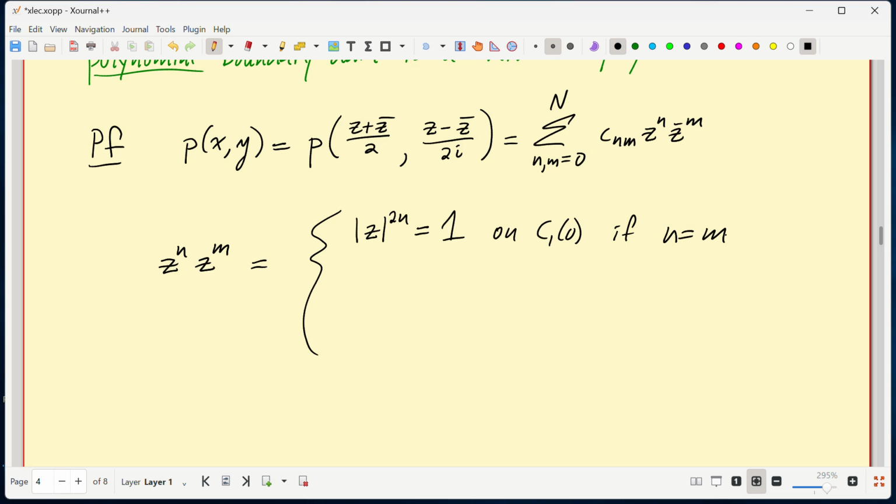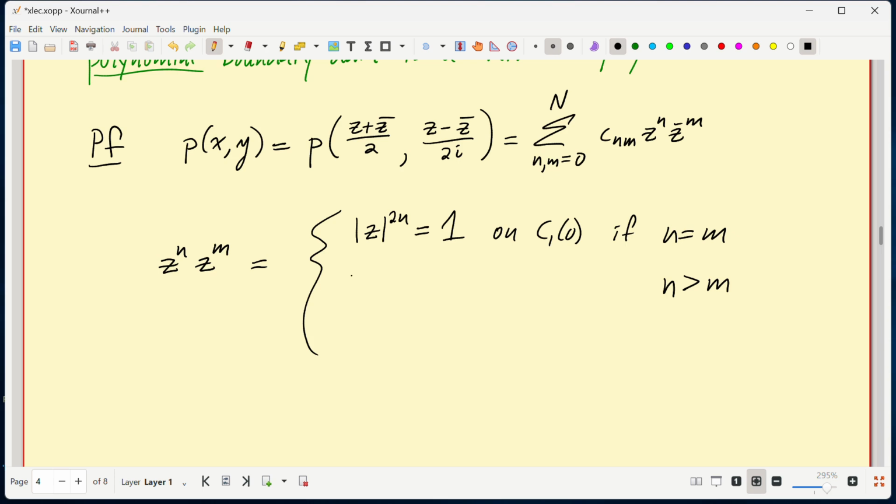Okay, and let's think about what it would do if, let's make n the big one. So what happens if n is bigger than m? By the way, 1 has a harmonic extension to the inside as 1.